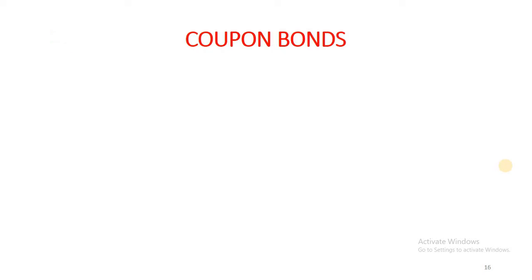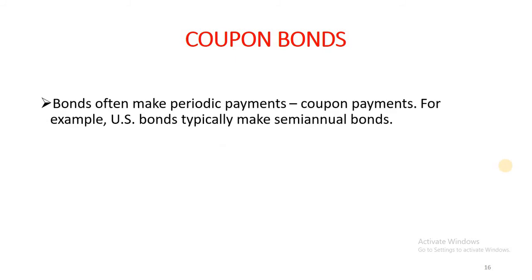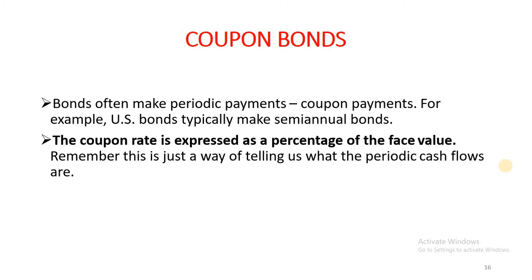Now let's look at coupon bonds. Coupon bonds usually make periodic payments, which are known as coupon. The coupon rate is expressed as percentage of face value. And remember that coupons are not the interest payment of the bond.